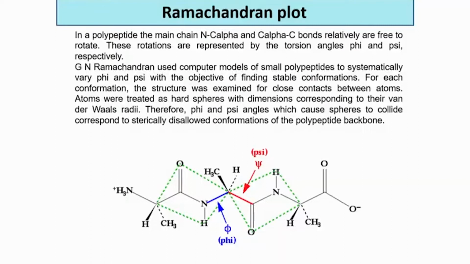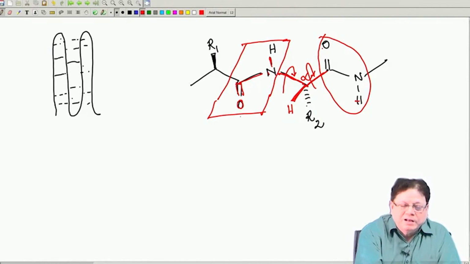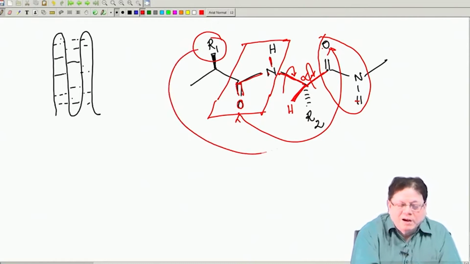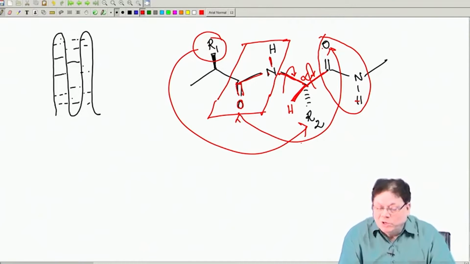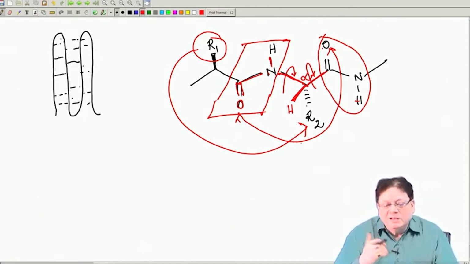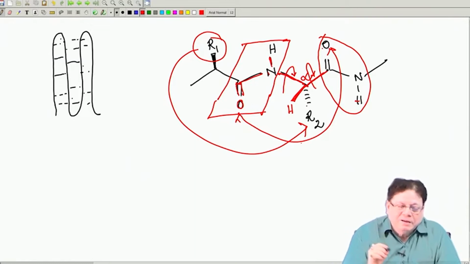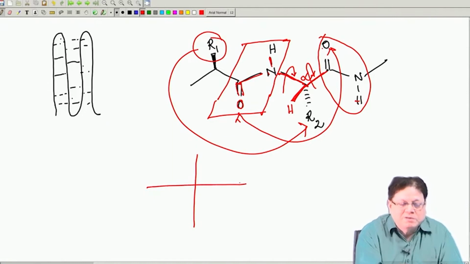Because when you do these rotations, the interrelation between these carbonyls will change, and also the interrelations between these R1 and R2 will change. I will show you, when you rotate all these, all conformations may not be permissible. Ultimately, he came to the conclusion that all types of rotations are not permissible.